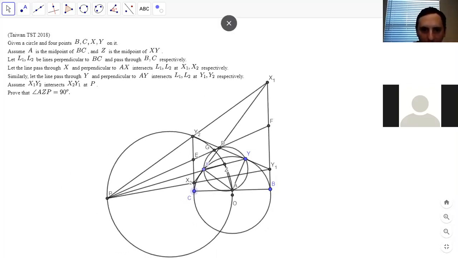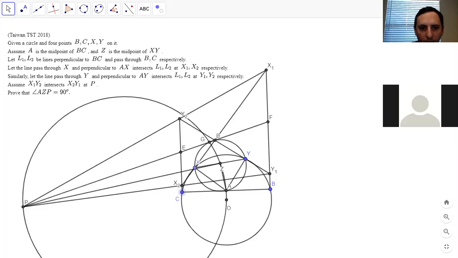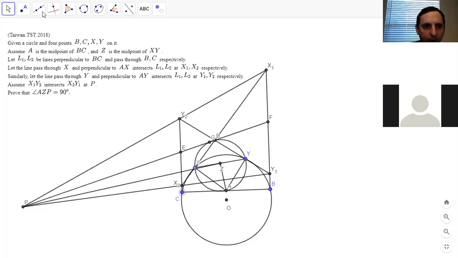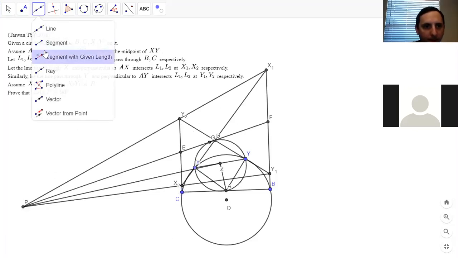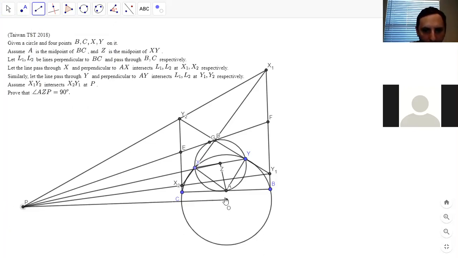Interesting. So it looks like, but how can that be? That would mean that angle AOP is 90 degrees. Oh, maybe that's true. Interesting. So can we show angle AOP is 90 degrees?